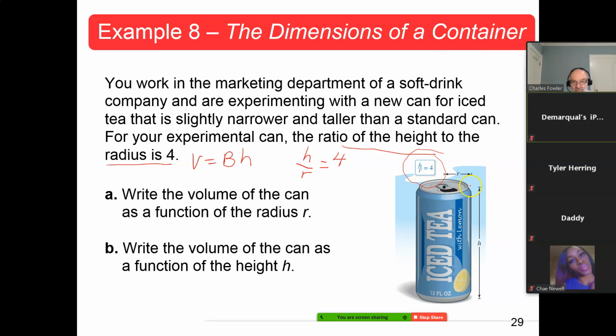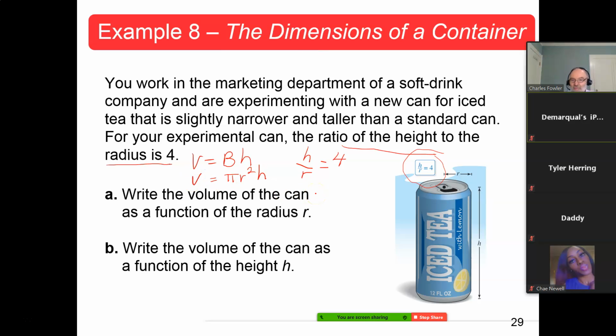The base or the top, either one, those are circles. What's the area of a circle? Pi r squared. That's the dimension here, radius: pi r squared times the height. There's the volume of this can.